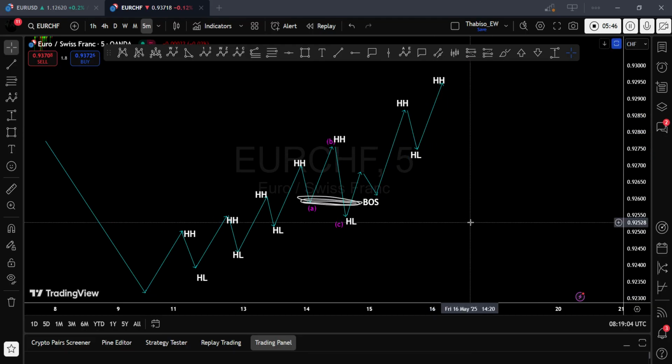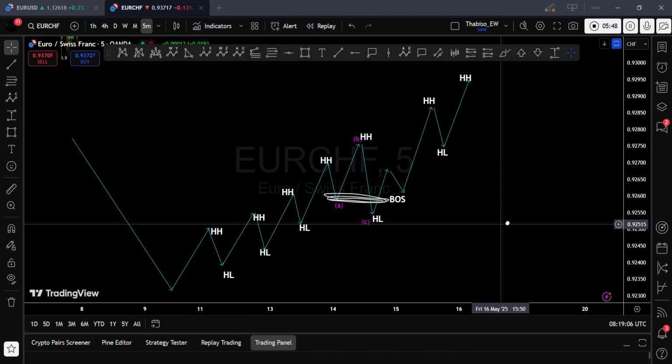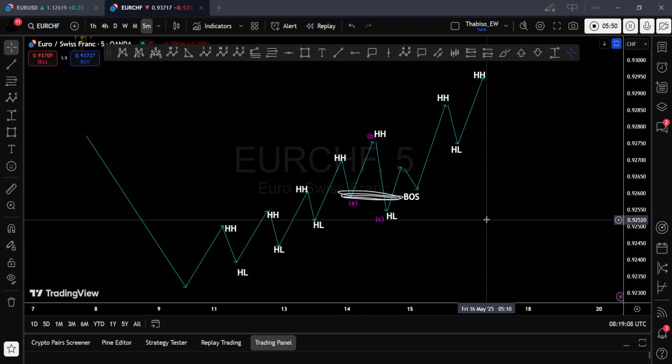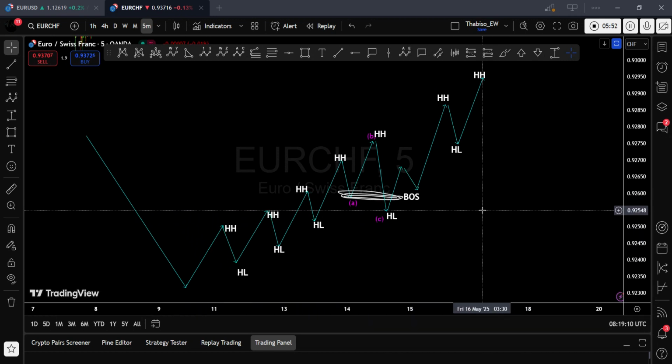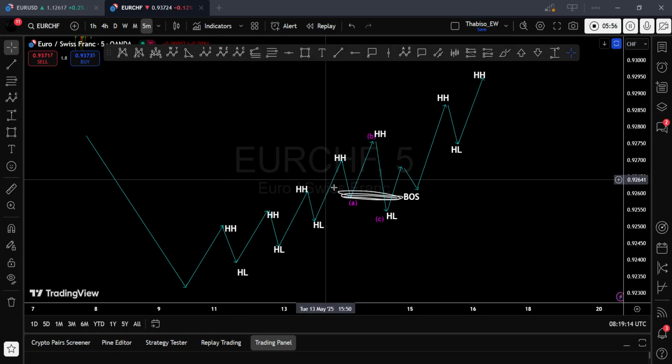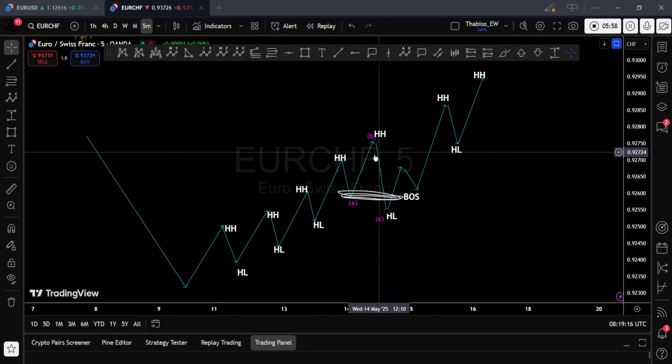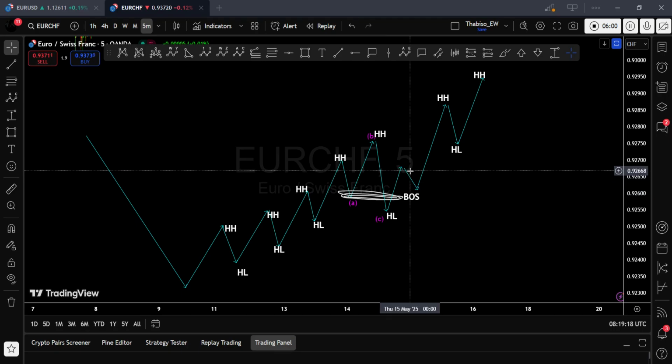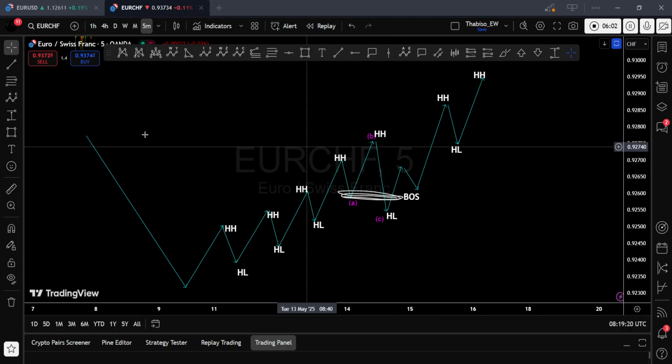Okay, so I hope everybody at least will have an understanding of when we say higher high and higher low, and this is what we call break of structure. And at least on the language side we are done.